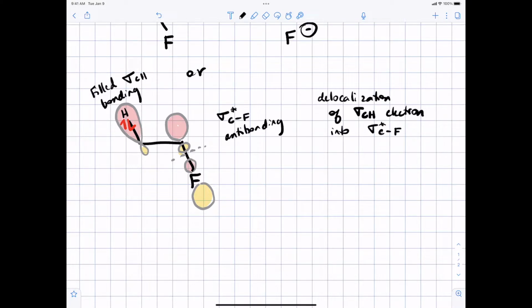We will sometimes call this sigma to sigma star hyperconjugation. Effectively, you have a bonding orbital that acts as a donor and an antibonding orbital that acts as an acceptor. It's almost kind of like Lewis acid, Lewis base stuff going on in the same molecule. All right.